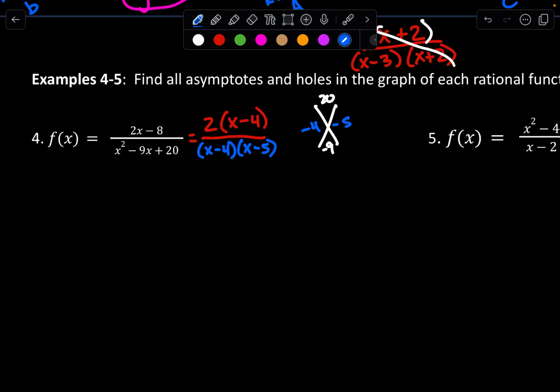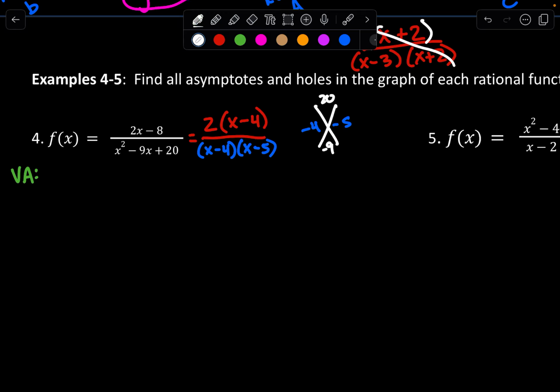Now, what you'll notice is the x minus 4's cancel out. So there's going to end up being a hole there, okay? But let's go ahead and we'll deal with our vertical asymptotes and horizontal asymptotes and stuff like that, okay? So for the vertical asymptote, remember, we set the bottom equal to 0.